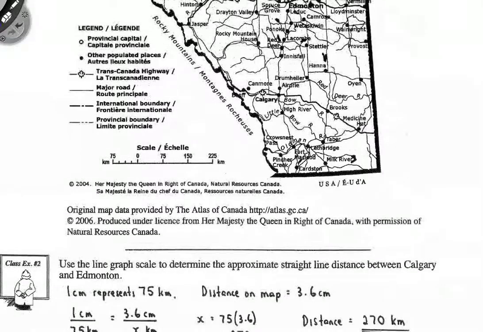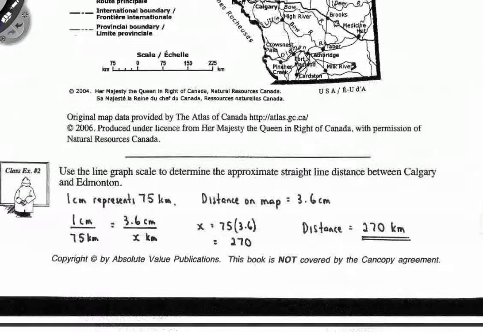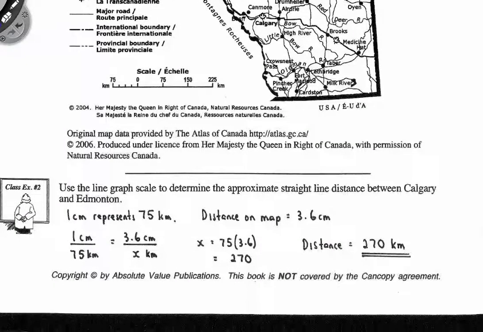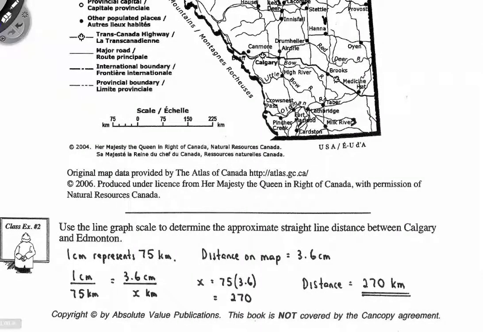Example 2 says, use the line graph scale, which is this thing here, to determine the approximate straight line distance between Calgary and Edmonton.